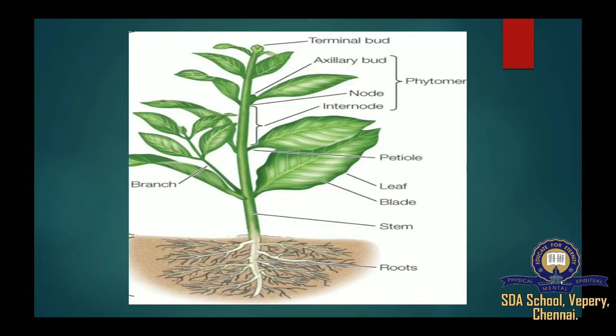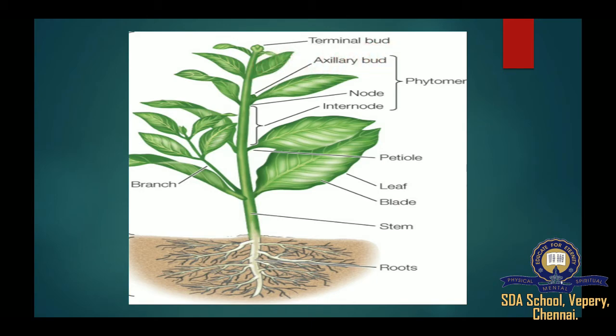Though they may look very different, stems have a few characteristics in common. They have joints called nodes, from which leaves and branches arise. The portion of the stem between two nodes is called an internode. Stems bear buds at various locations. Buds that grow at the apex of the stem or its branches are called terminal buds or apical buds.